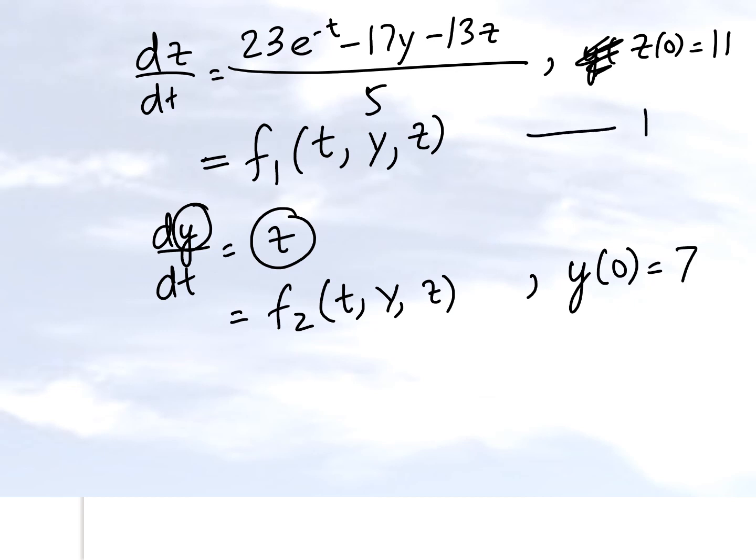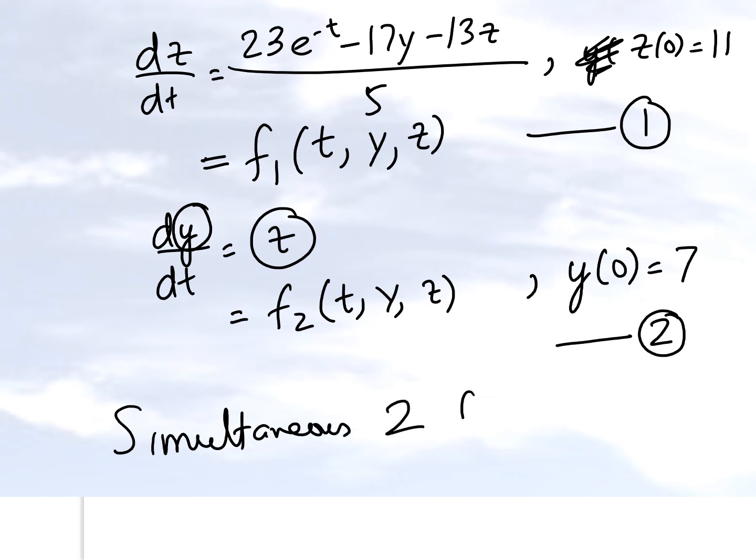So this is the first order differential equation, and this is the second first order differential equation, and these are now simultaneous two first order ODEs, which we can tackle with Euler's method, or Runge-Kutta second order method, or Runge-Kutta fourth order method. That is the background of how we take care of higher order differential equations in order to solve them by the numerical methods we know.